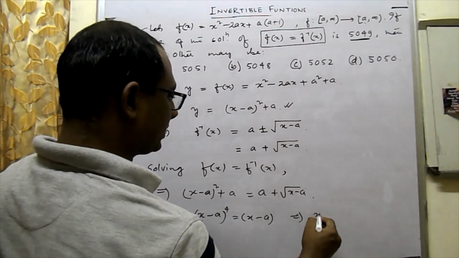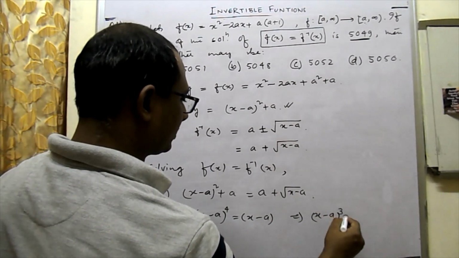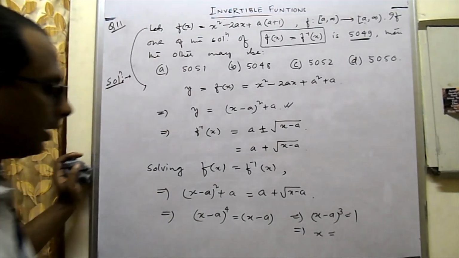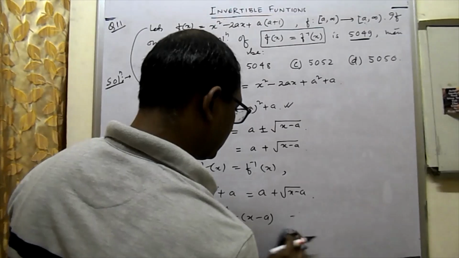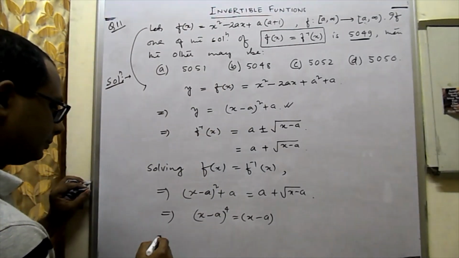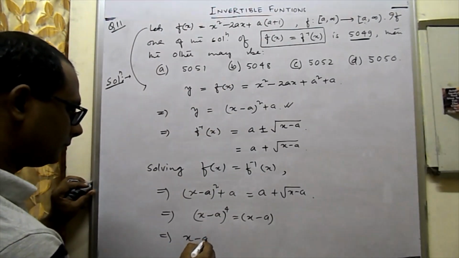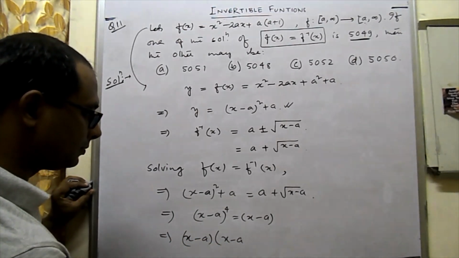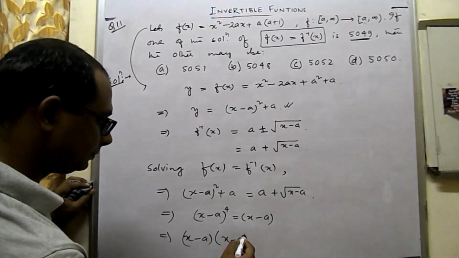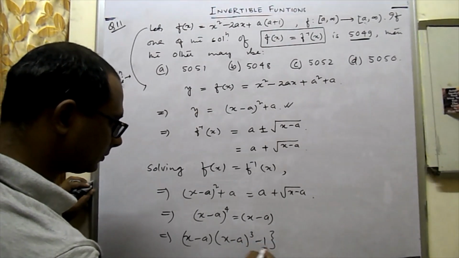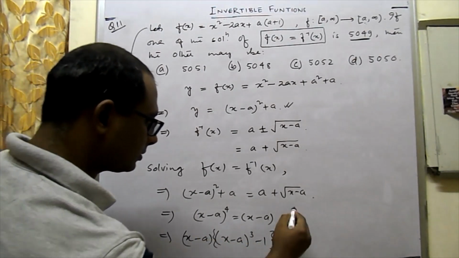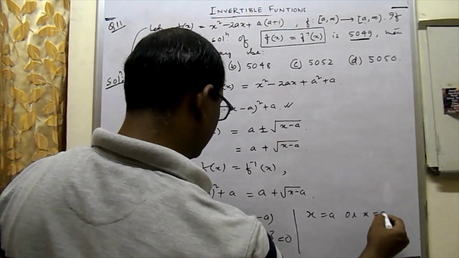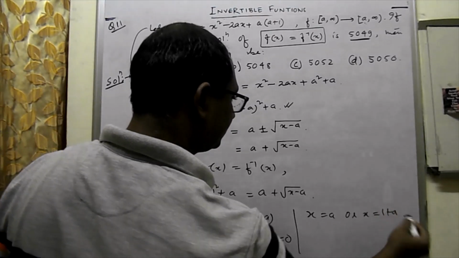So ultimately we'll be getting x minus a whole cube equal to 1. X minus a whole cube minus 1 equal to 0. So we'll be getting x equal to a or x equal to 1 plus a.